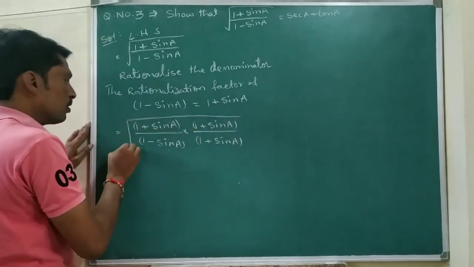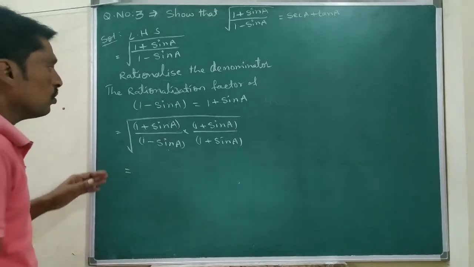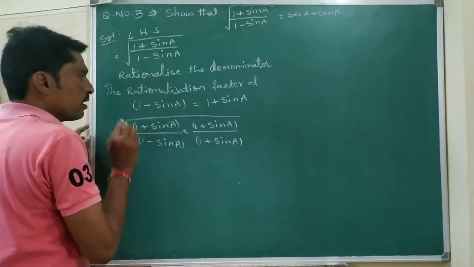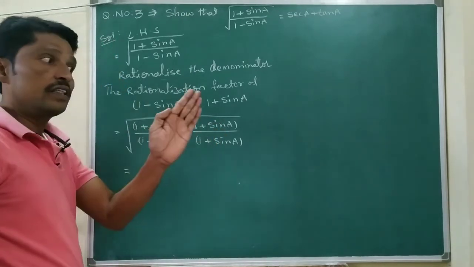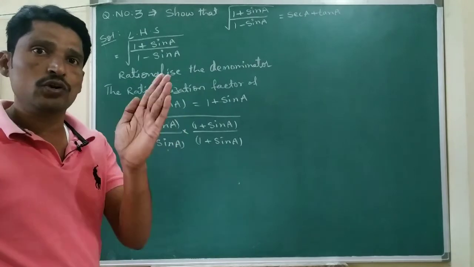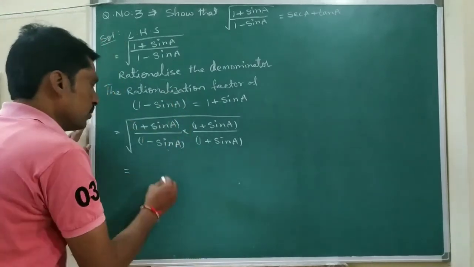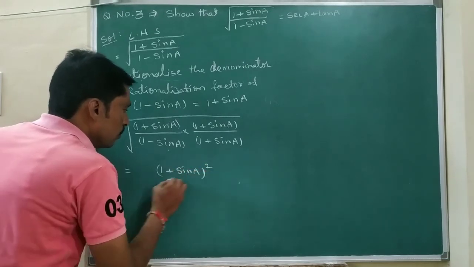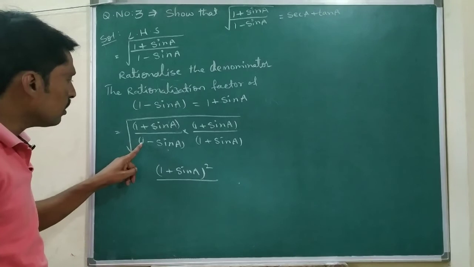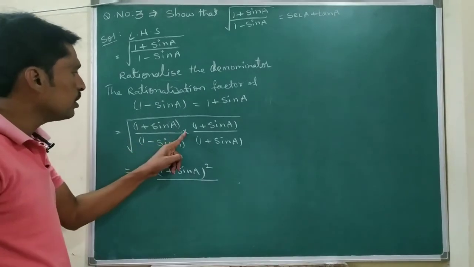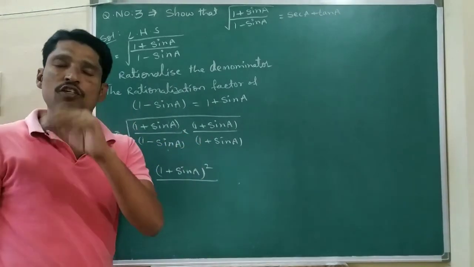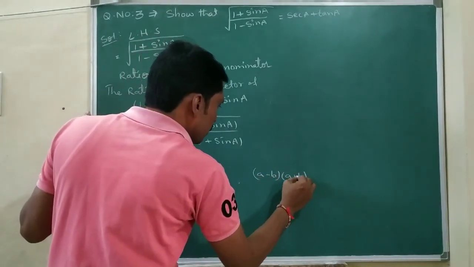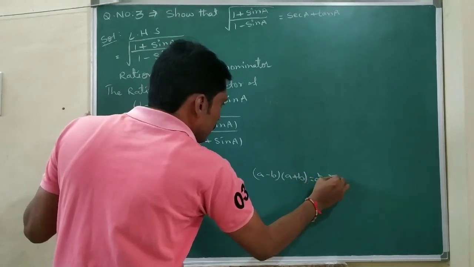So this is all under root of that total. Once you observe here, in the numerator it is 1 plus sin A, and here also 1 plus sin A. It is A into A type, which we can write as A square, so 1 plus sin A whole square, by, in the denominator, A minus B into A plus B. A minus B into A plus B means A square minus B square.